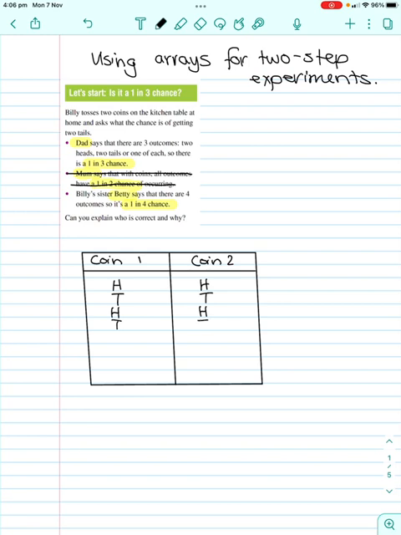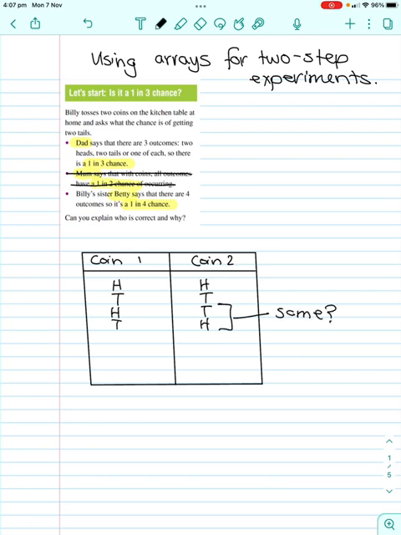Oop, I did them around the wrong way. Tails and heads. So what can actually happen is we can get a double head, a double tail. Coin 1 can get a head while coin 2 gets a tail, and coin 1 gets a tail while coin 2 gets a head. Now, it is tempting to say these are the same.